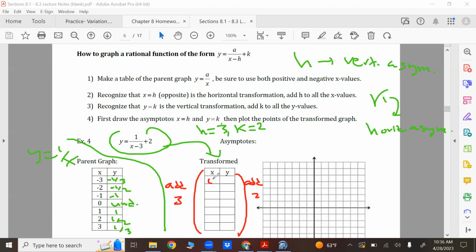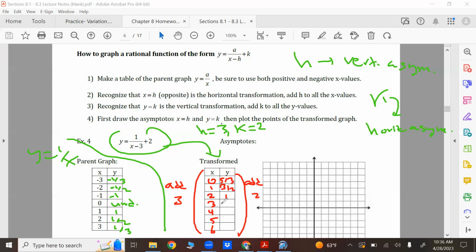So if I add 3, I'm going to have 0, 1, 2, 3, 4, 5, 6. If I add 2, oh boy, 5/3, 3/2, 1.